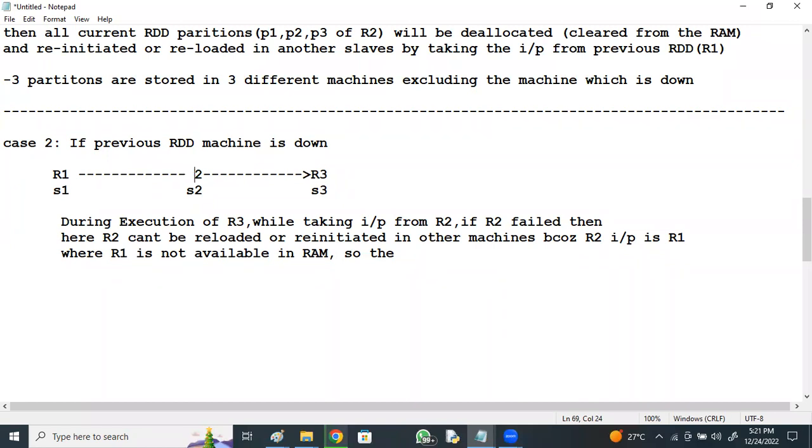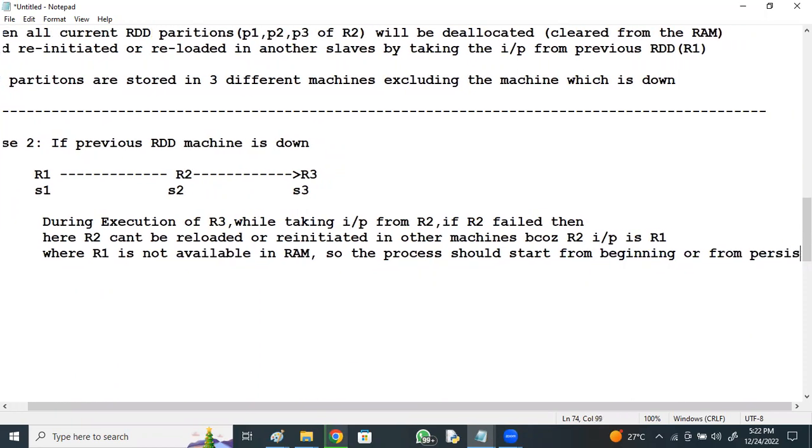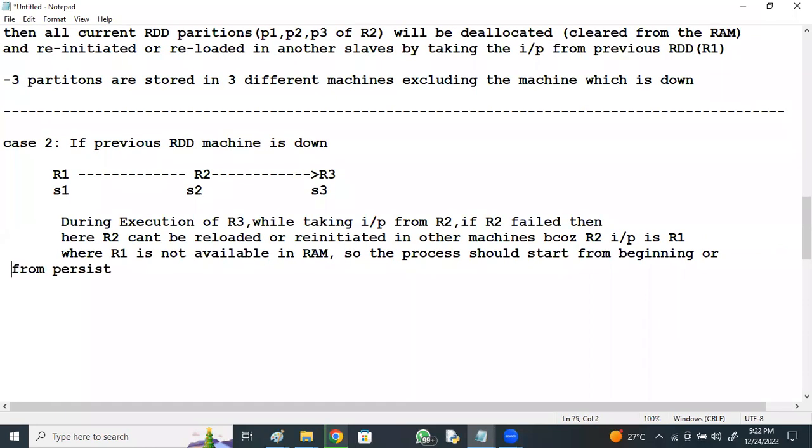So the process should start from the beginning, or from a persisted RDD, if any RDD is persisted. Understood, right?